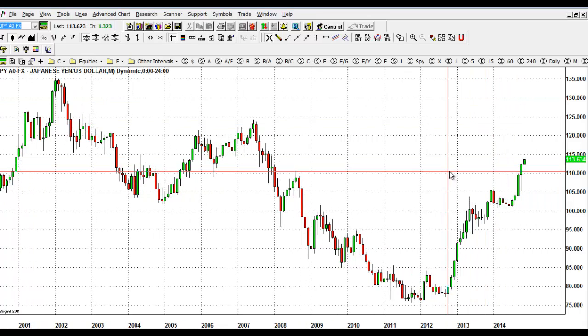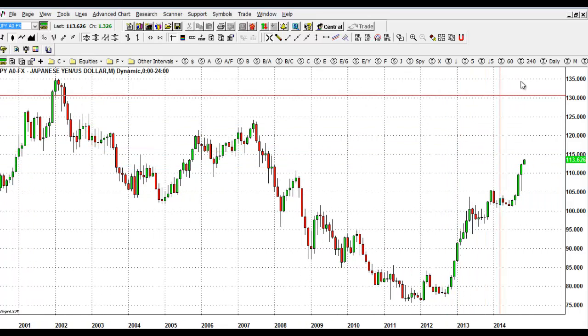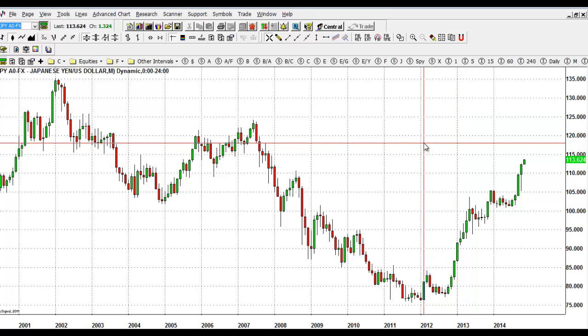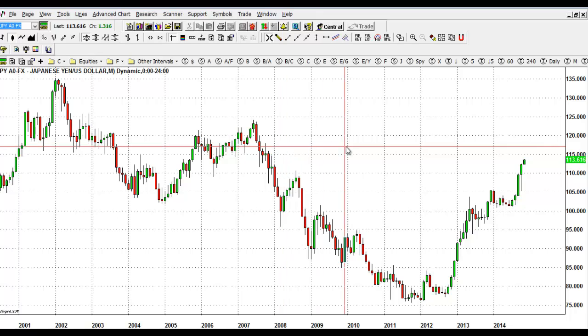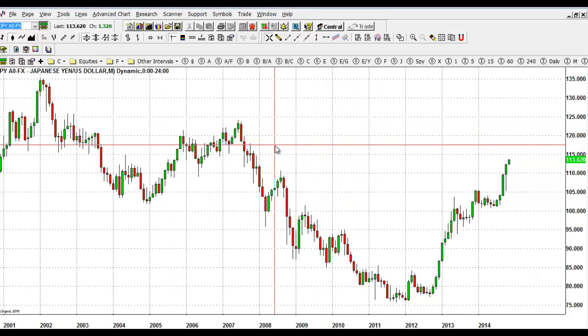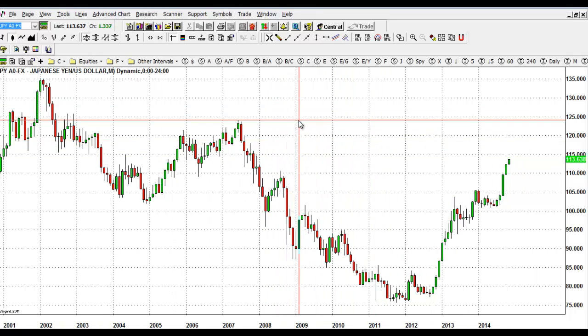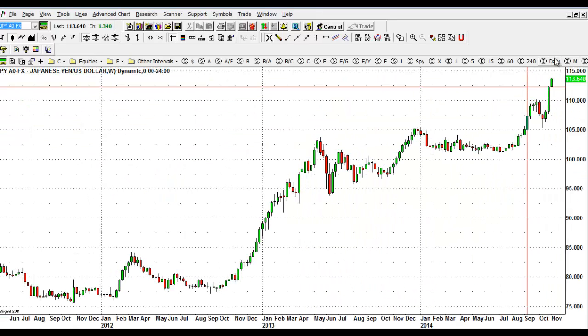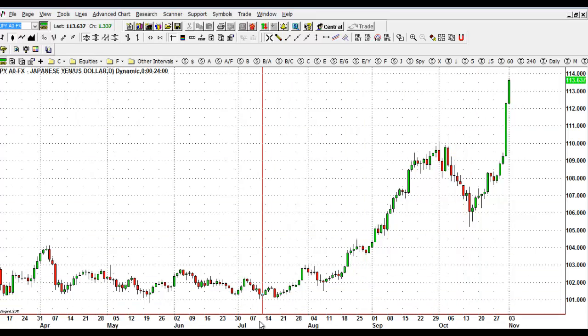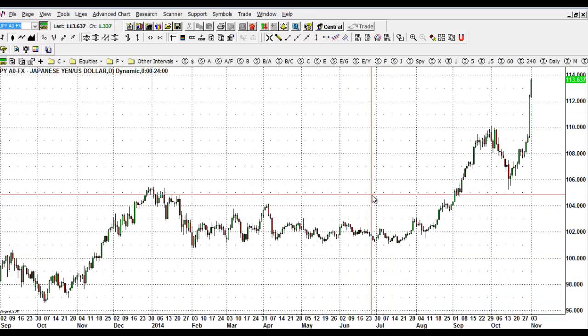There is resistance at the 117 level. We have an area of resistance, and also ultimately near 125. But I'm expecting the market to back off some way before the 125 level.